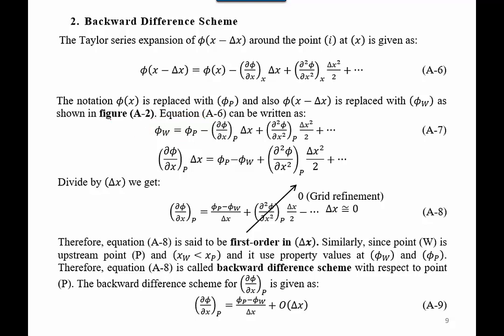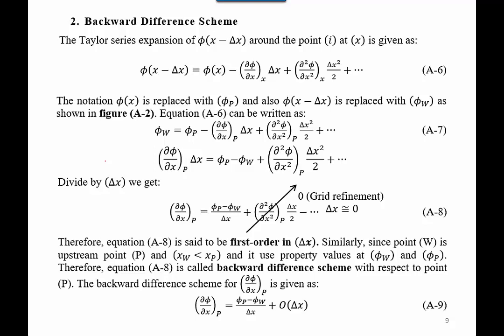It will be this equation, which is the first derivative of phi at big P multiplied by delta x equals phi at point P minus phi at west point plus the second derivative of phi at big P multiplied by half the value of delta x squared plus etc.